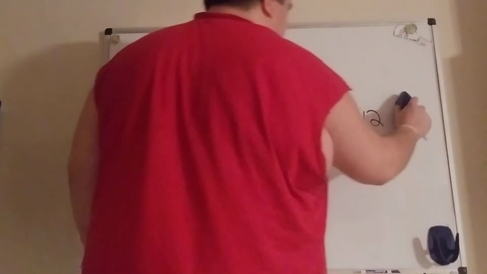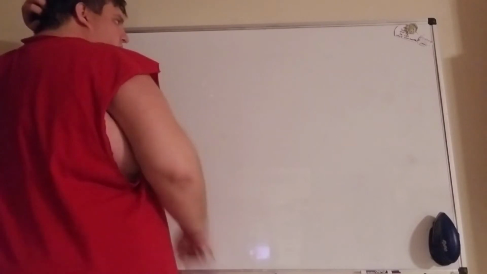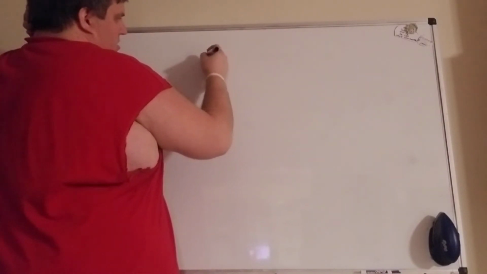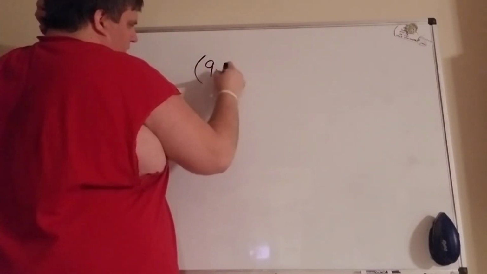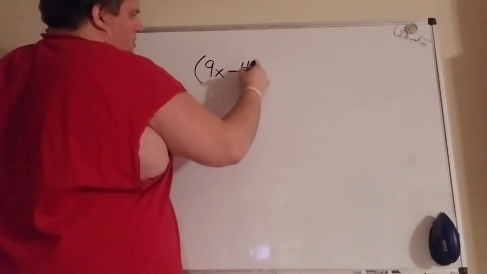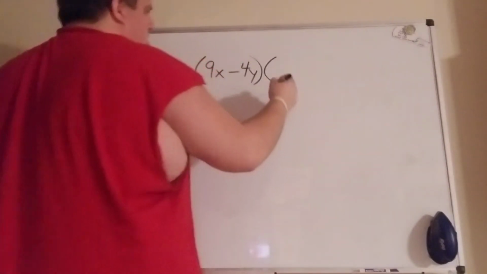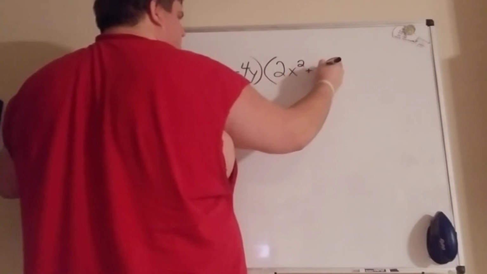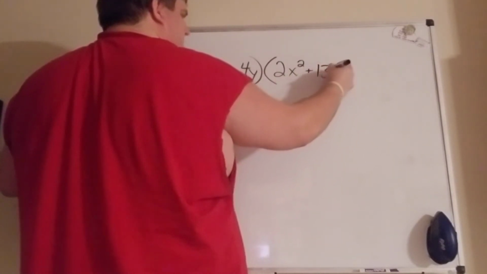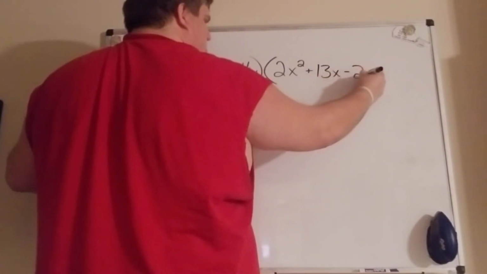Now let's go one step further today. Let's go a binomial and a trinomial. And let's kind of get a little crazy here just in case you see something like this. So let's go 9x minus 4y, and then let's go 2x squared plus 13x minus 2y.